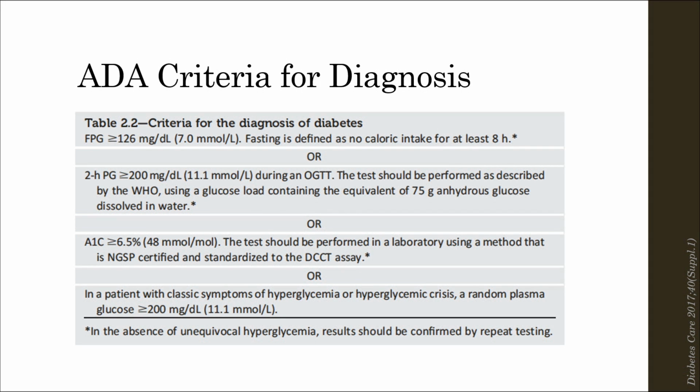Maybe their fasting blood sugar is 120, but they have no symptoms of hyperglycemia. But their A1C is 6.6. So just because their fasting was 120 that day, because their A1C was 6.6, we need to repeat that test, confirm that diagnosis, and go from there. So most of these tests should be done at least twice, unless they have specific symptoms of hyperglycemia.